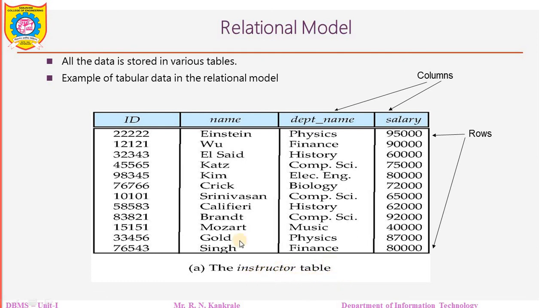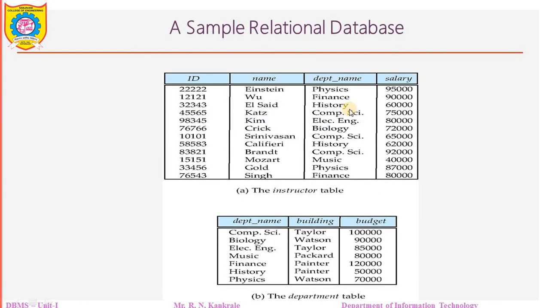Relation means table, and in this table there are various records, for example, ID 22222, name Einstein, department Physics, and salary 95,000. These are called rows, and the attributes are called columns. Rows are nothing but records, and columns are nothing but attributes.